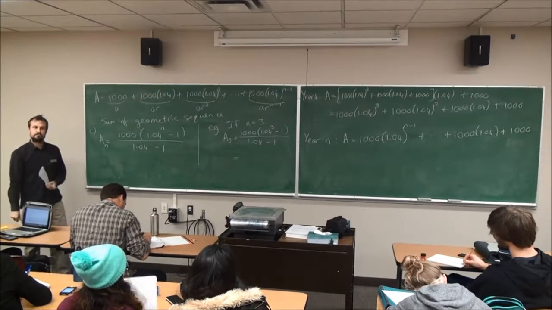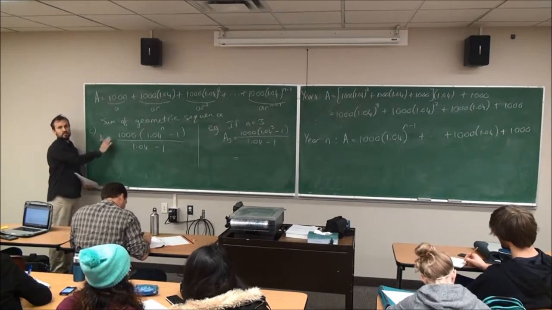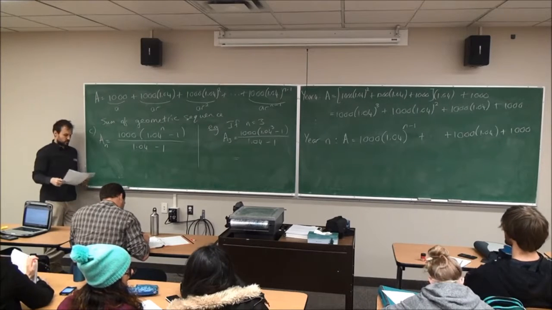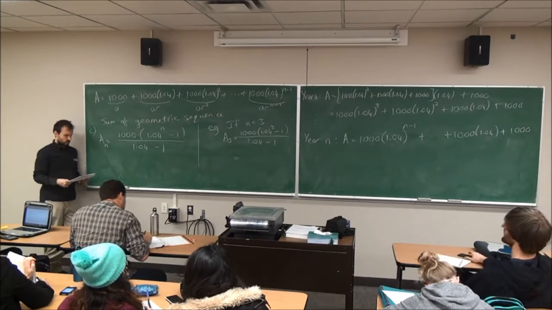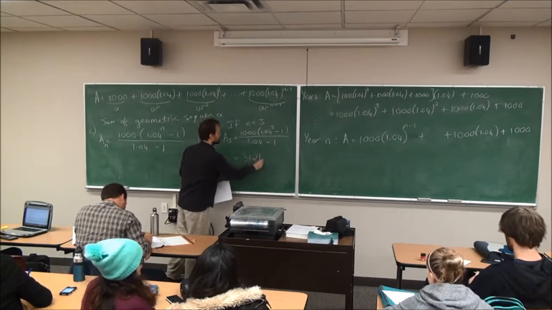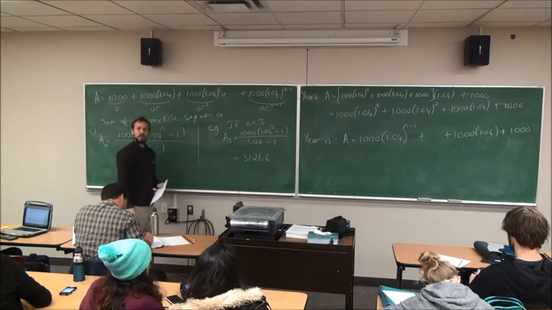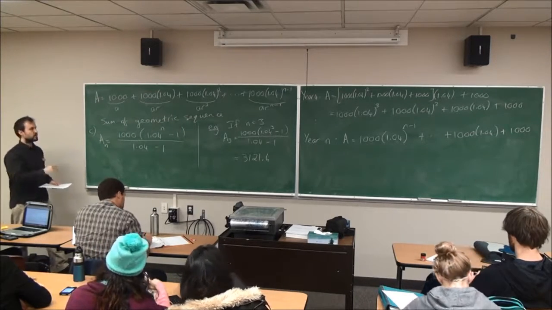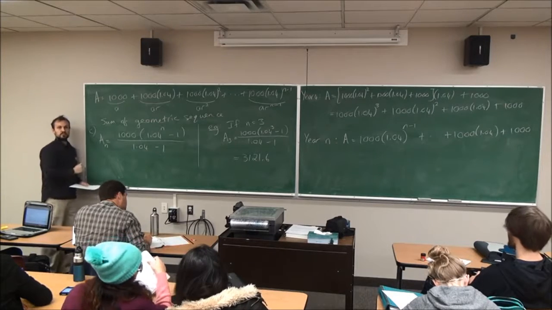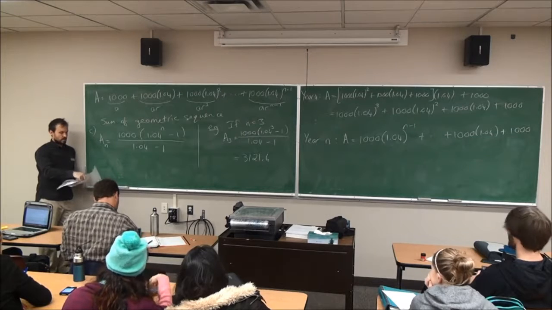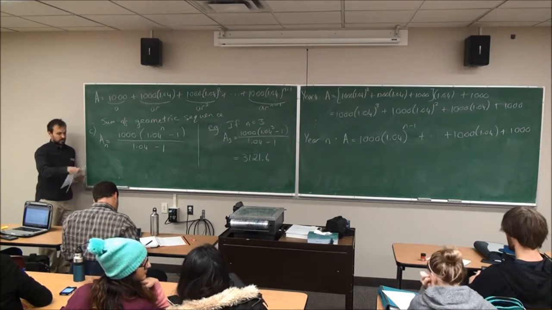Just check, to convince myself that this formula is correct. I should get 3121.6. I'm just doing it in a short way, skipping over looking at every year, skipping to the target year. That was technically part C.